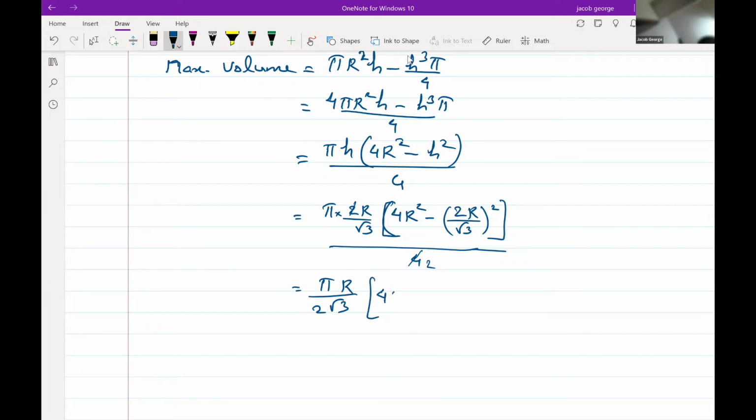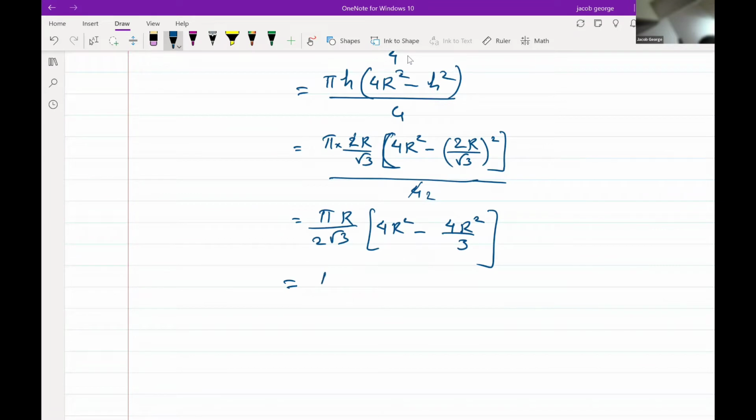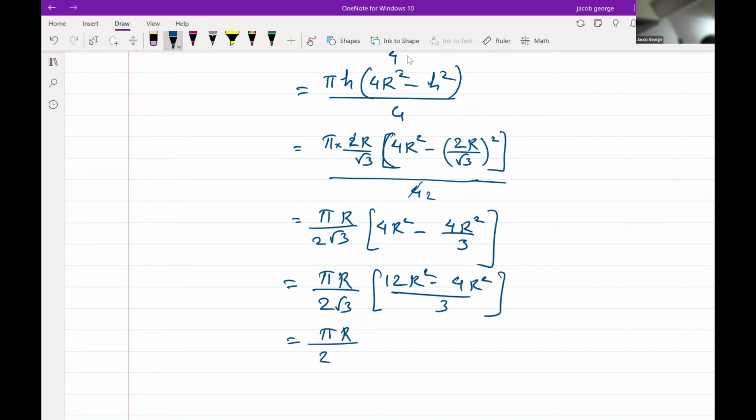Then 4r square minus 4r square by 3. That is pi r by 2 root 3 into 3 4s are 12 r square minus 4r square by 3. Now 12 minus 4 is 8. This will be 8 r square by 3.